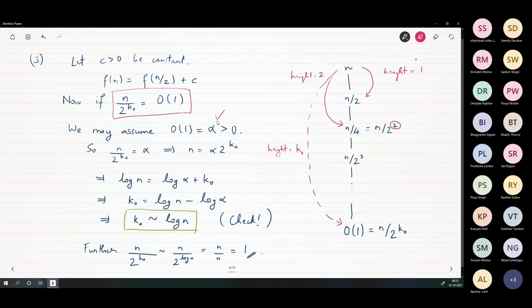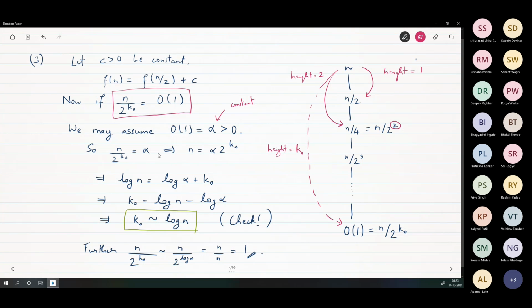So alpha is a constant. Then n by 2 to the k naught is equal to alpha, which means n is alpha times 2 to the k naught. Now you can take log on both sides because you want to find k naught.